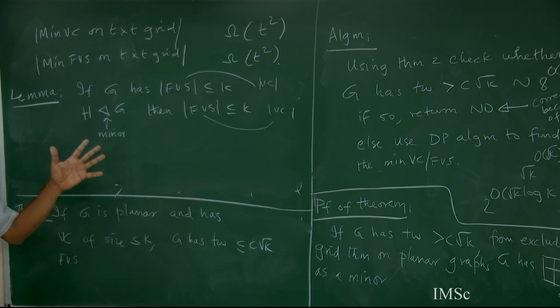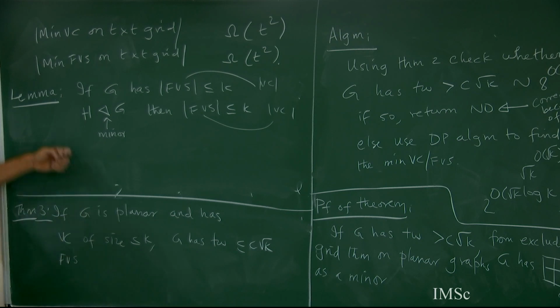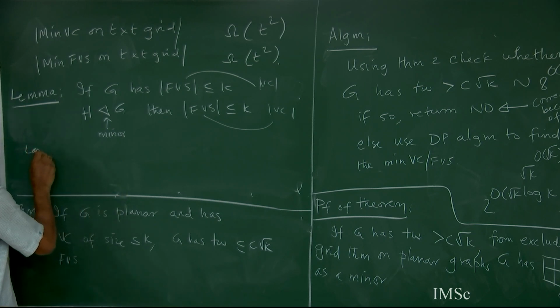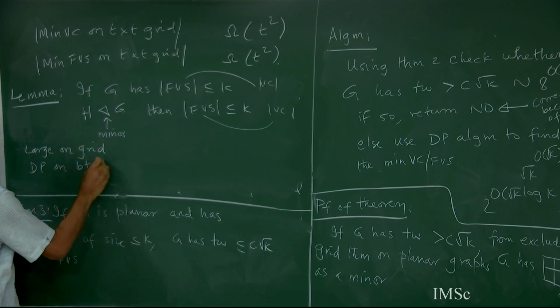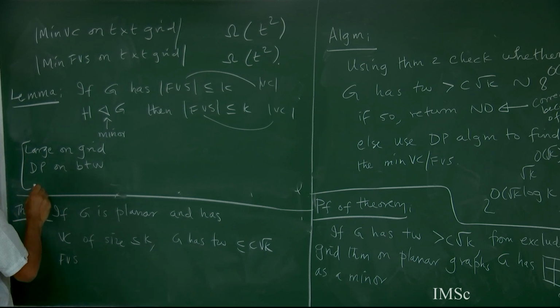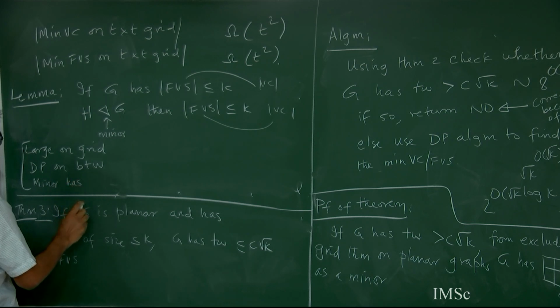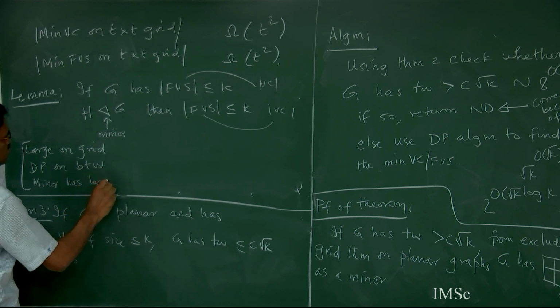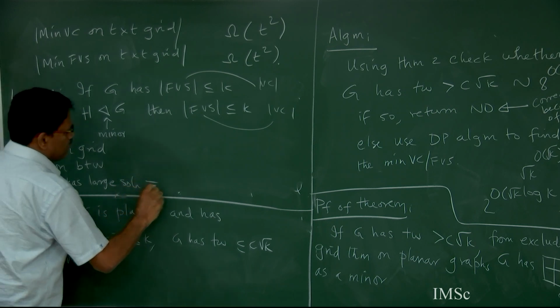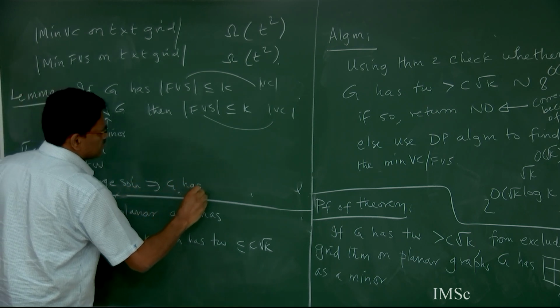If the tree width is large, it has a large grid minor. Oh, you also need a lemma like this. So what are the things we need? Large on grid, dp on bounded tree width, and minor has large solution implies G has large solution.